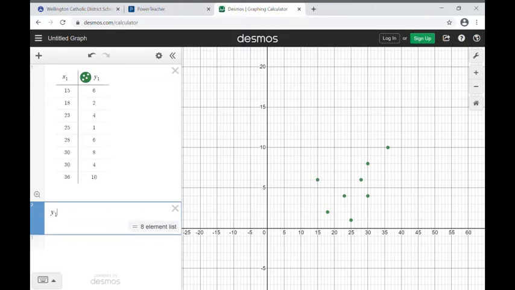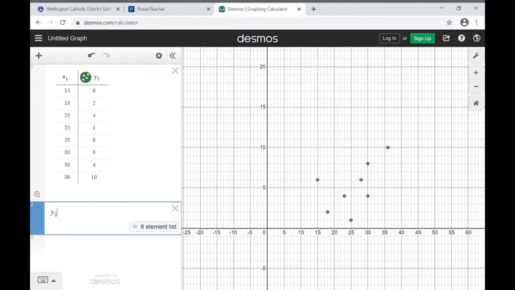Now this is the formula for linear regression. There's a spot in your note package that has linear regressions and your regression formulas. This is what you're going to write in there.